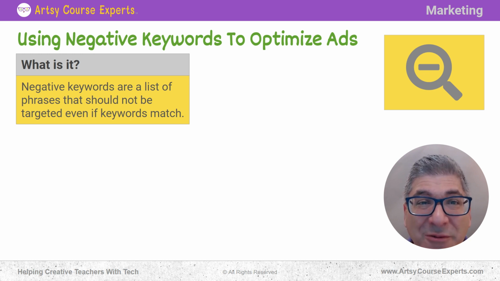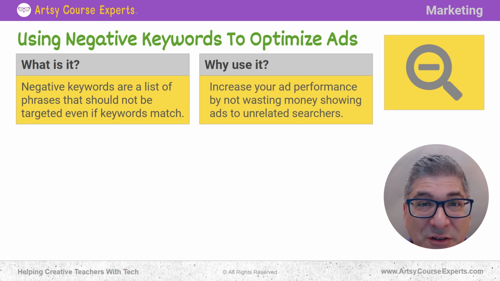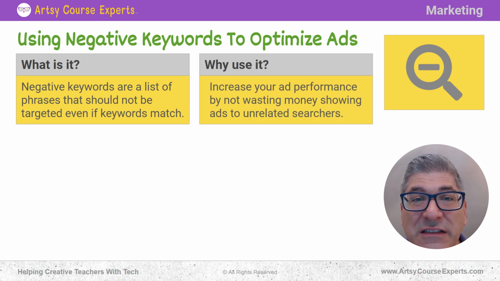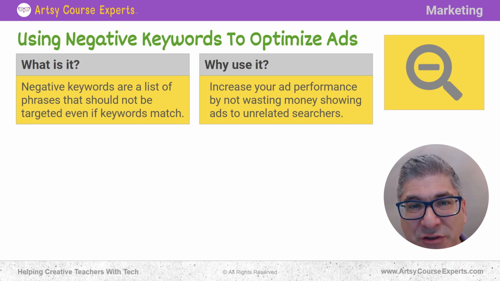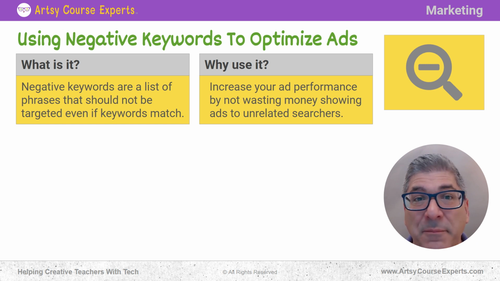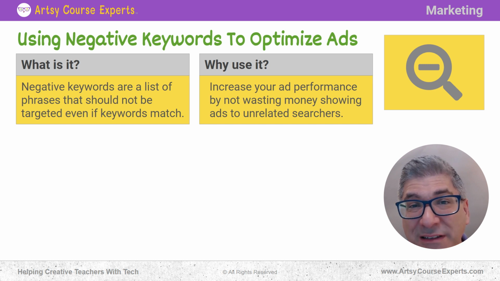Let's go into why you would use negative keywords. Well, you would use them to increase your ad performance by not wasting money showing ads to unrelated searchers. If you have a pay-per-click ad campaign, you're on the lookout for people that are searching for some of your keywords.